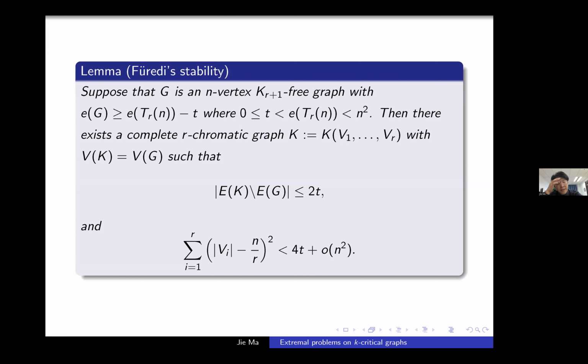That's indeed basically how we managed to prove this together with the stability. We use Füredi's stability.